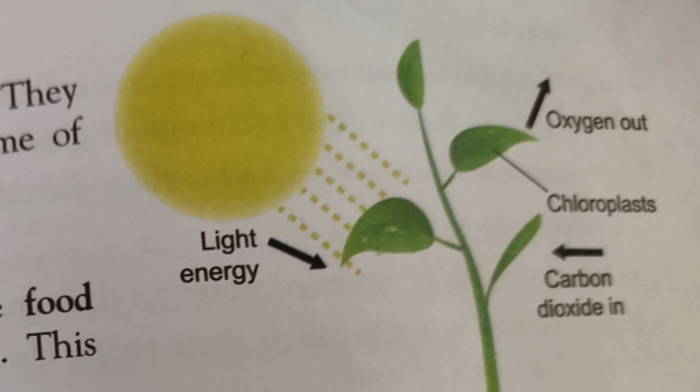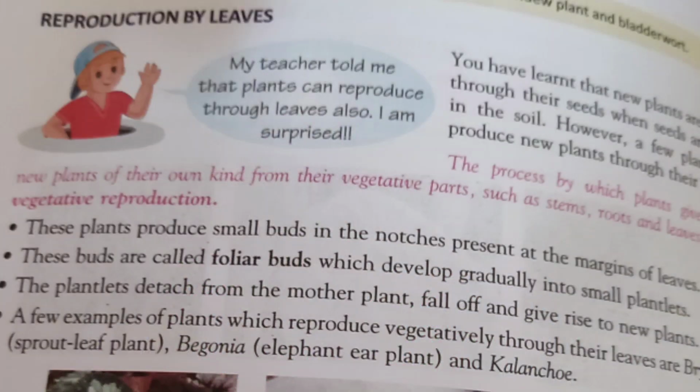Then we have learnt about the modification of the leaves, in which we have learned about leaf tendrils for additional support, leaf spines for conservation of water and protection, scale leaves for storage of food and water, insectivorous leaves for nutrition by feeding on insects. And the last thing we have learned is about the reproduction of leaves.